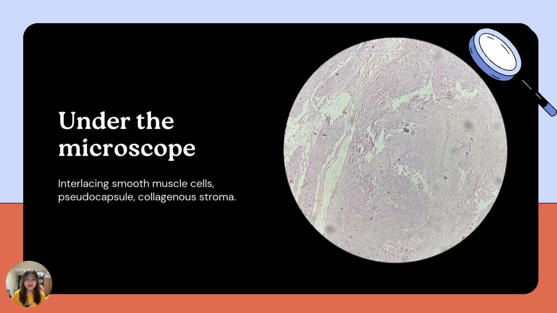And then, under the microscope, we will see bundles of smooth muscle cells arranged in an interlacing pattern. And it is often surrounded by a pseudocapsule and is supported by collagen-rich stroma. So, yung picture sa side, yan din yung kuha sa lab under the microscope.